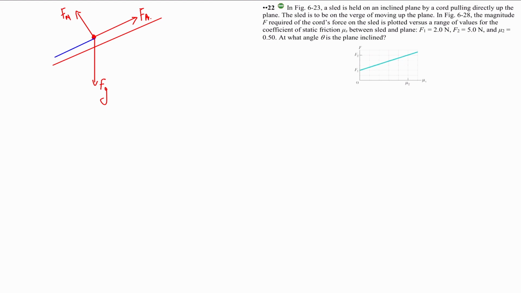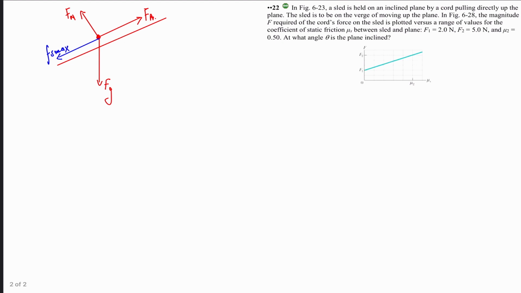So I change color to signify the frictional force. And because we are on the verge of moving up, that means we have reached the maximum possible friction here. The maximum possible static friction, I should say.